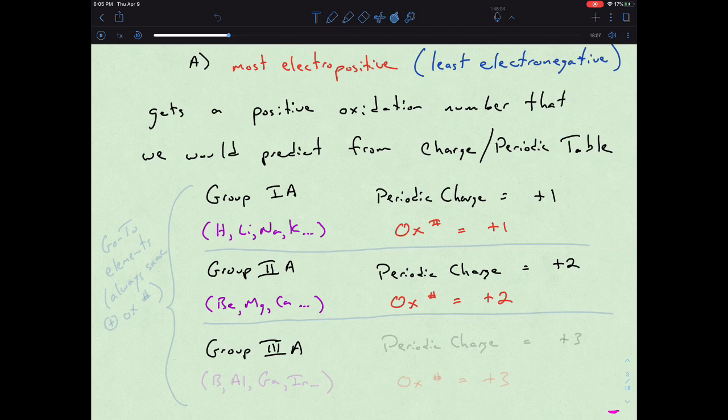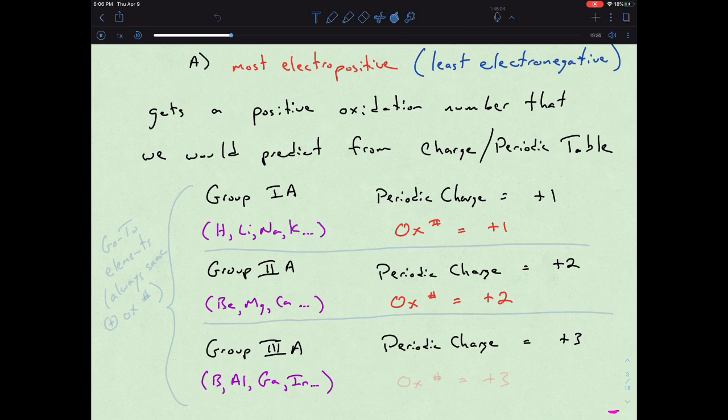So here we're jumping across the pond really to kind of the metalloids area with this notion that boron, aluminum, indium, I should say gallium before indium, gallium, indium, etc. And here we'd look at the periodic charge to be equal to +3. I know that's finicky with the metalloids because obviously they make covalent bonds.